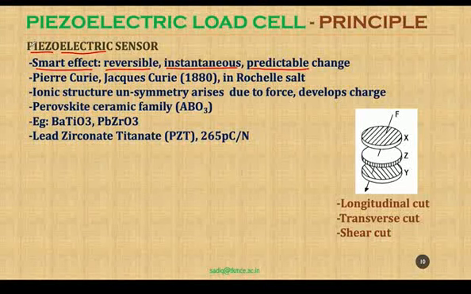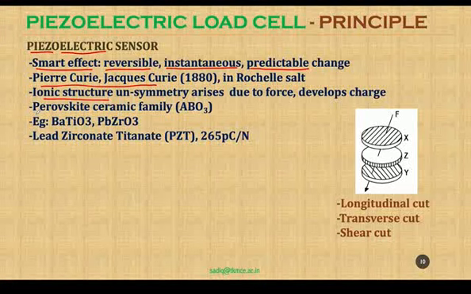The smart effect, like the piezoelectric effect, was initially identified by Pierre Curie and Jacques Curie in 1880, and they described it as, in the case of ionic structures, when an asymmetry arises due to force, it will develop charge, and that charge will disappear when the asymmetry also disappears.